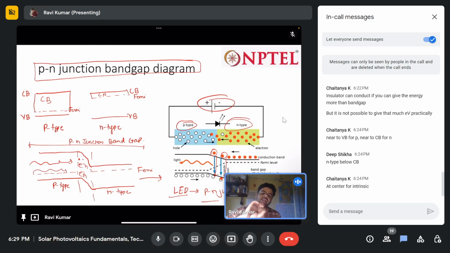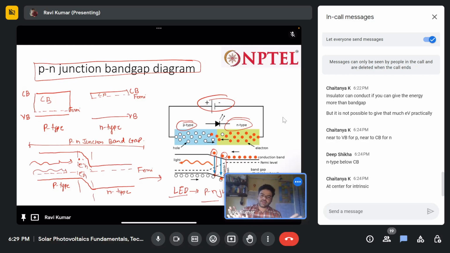In a p-type we have a trivalent impurity, so there are more holes, and their probability to accept an electron is higher.